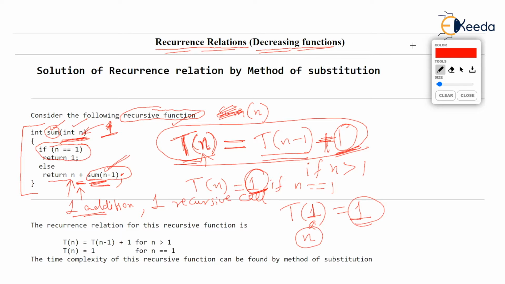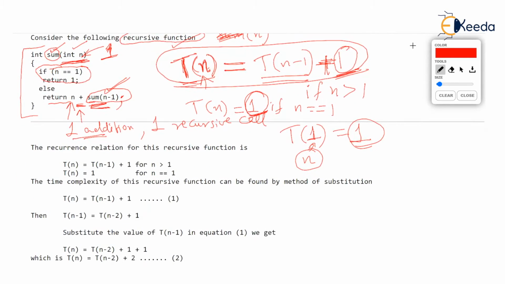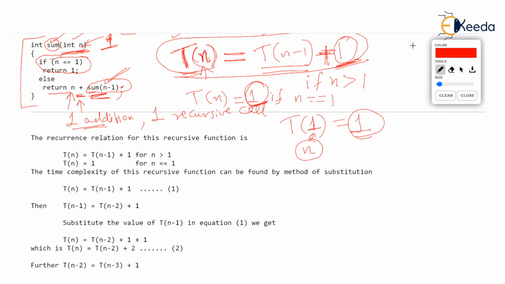So the recurrence relation for this recursive function is Tn is equal to Tn minus 1 plus 1 if n is greater than 1, but Tn is 1 if n is equal to 1. That means, remember, T1 is simply 1. If you put the value of n as 1, the amount of time is simply 1 unit, correct or not?